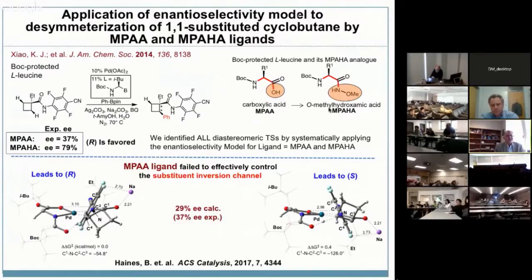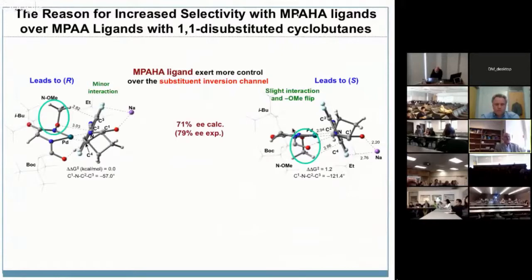We could expect that replacing the carboxylic acid with a methylhydroxamic acid could improve these interactions or bring more interactions. In fact, we see that it indeed increases the energy difference between these two transition states, as well as improves the ee.